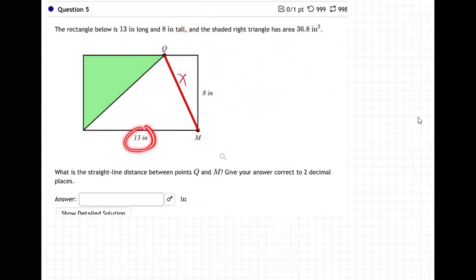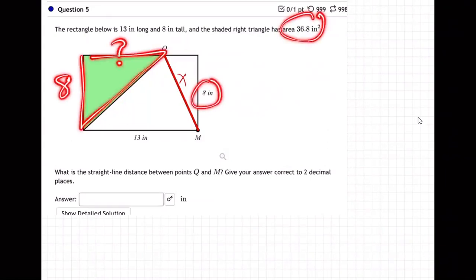Well, we know 13 is all the way across. So if we could just find this part, then we could take 13 minus that part, and then we could get the right part. I don't know this though. Well, I know this is 8, and I know the area of this triangle is a half times base times height. This is the height, so I can get the base.